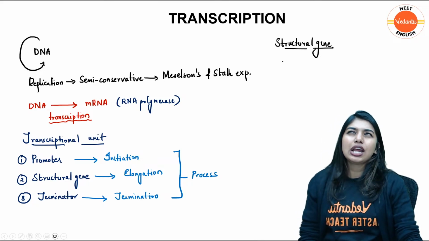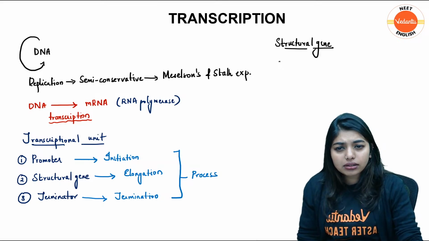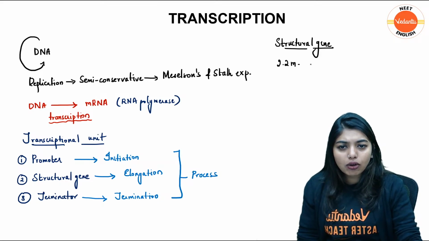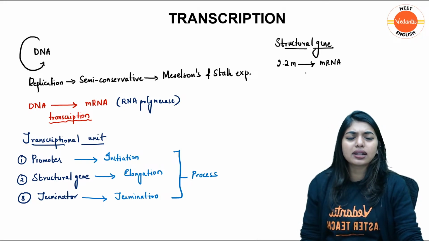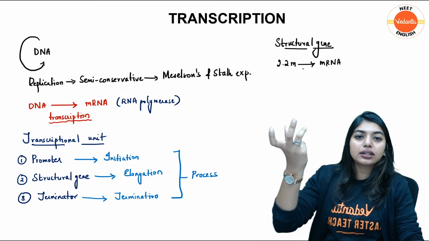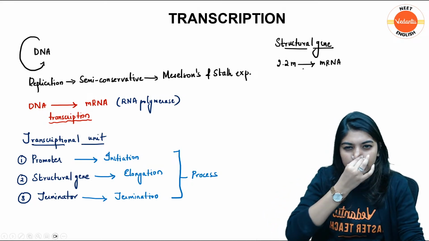Structural gene, students. Do I need to make the entire 2.2 meters of DNA into mRNA? No, I do not need to do that. Why will I take 2.2 meter DNA and convert it to mRNA? It is crazy. No need.